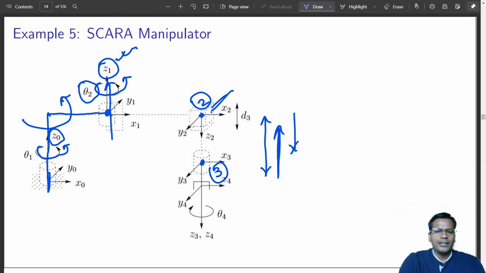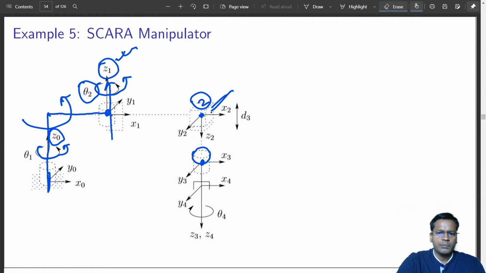And then axis 3 also has a revolute joint. Let me wipe it off so that things become very clear for you. Now that you have reached point 3, point 4 can rotate with respect to axis 3 by an angle theta 4.